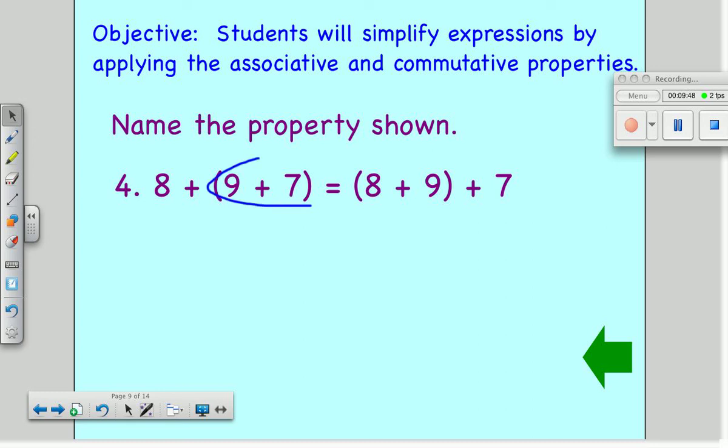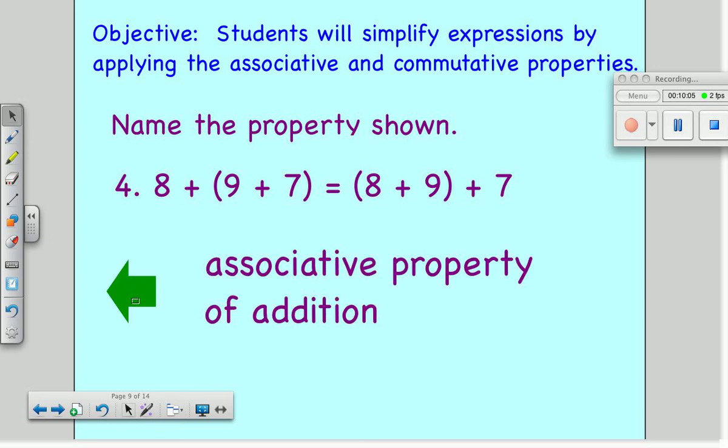So here we have the 9 and 7 grouped together, and here we have the 8 and 9 grouped together, different groupings. So different groupings are the, hopefully yes you said it, associative property of addition.